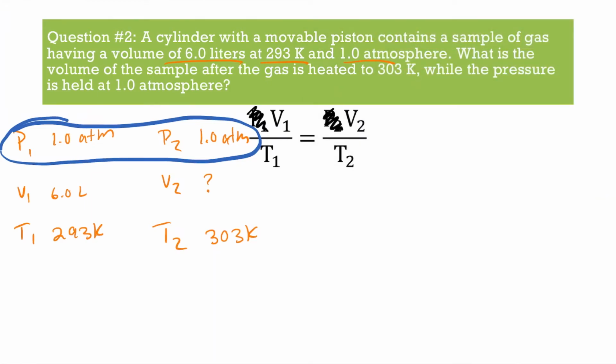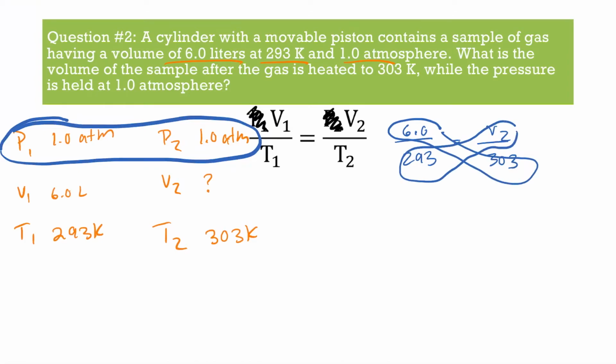So if we plug all of that in, 6 liters over 293 equals V2 over 303. We do this cross multiplication, and first we have 6 times 303 equals 293 times V2.